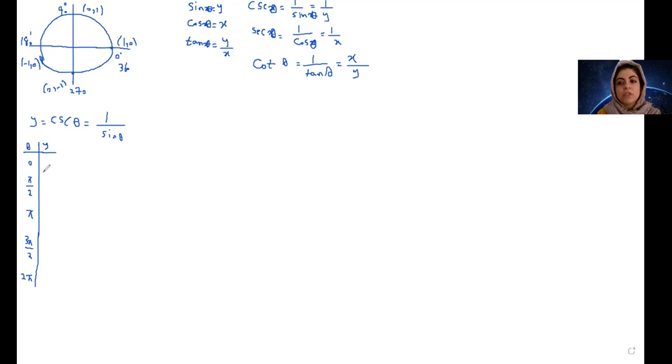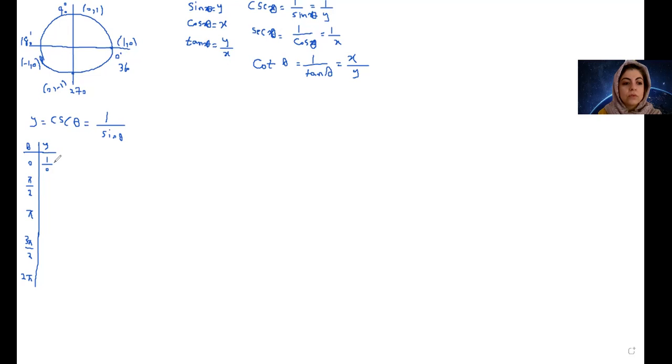So pay attention, Theodore. I'm gonna do the first one and you do the second one. Since 1 over sine is 1 over the y, the sine is y component. Here for 0 degree, y component is what? 0. It's gonna be 1 over 0.